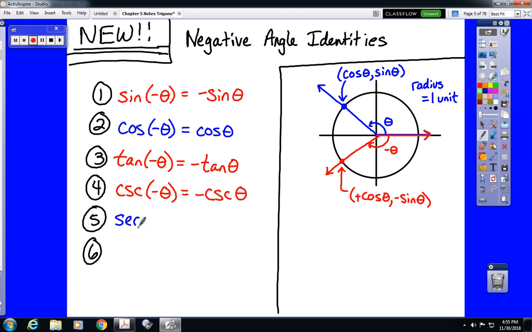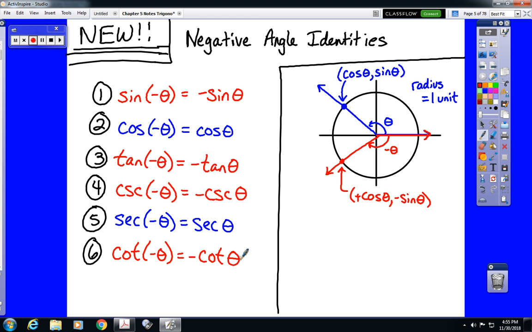The secant of negative theta is simply the secant of theta because, again, secant and cosine are reciprocals, so they would follow the same rules. And finally, the cotangent of negative theta is negative cotangent of theta.